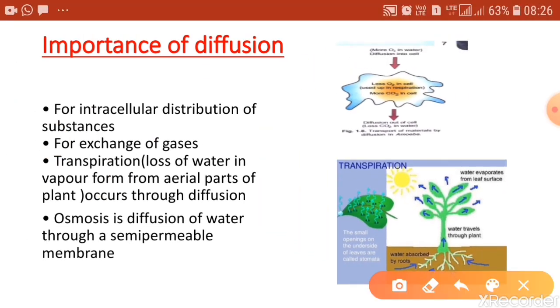Next importance of diffusion is osmosis, about which you'll be learning in the next topic, which is also a type of diffusion that occurs through a semi-permeable membrane. Remember, I've told you a semi-permeable membrane is a membrane which allows solvent to pass through but does not permit the solutes to move across it.